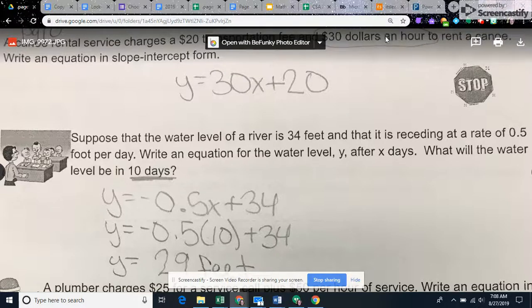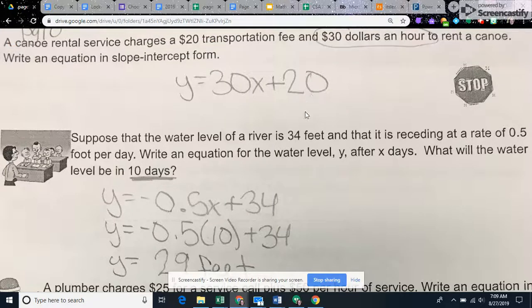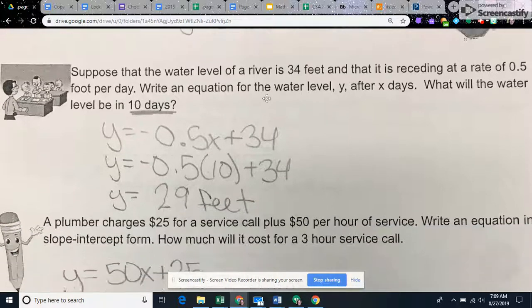You can assume which one should have the per or the each, because you're still going to see the change in dollars per the change in time. So you'll still see which one happens per hour or each hour, even if it doesn't say the words per or each. And then the $20 transportation fee is what it says underneath that. So 30x plus 20.